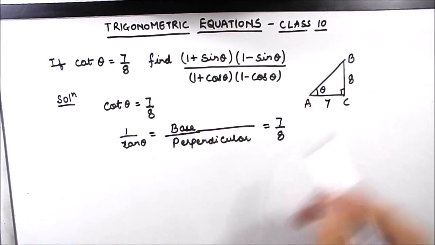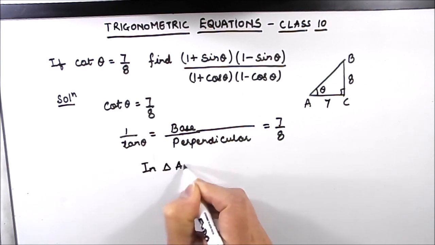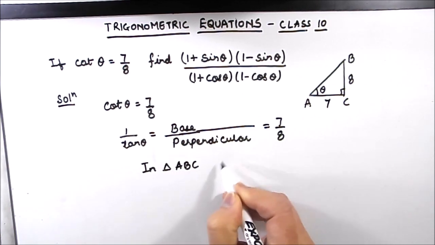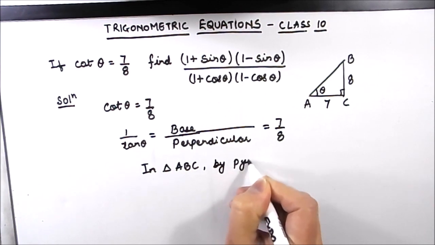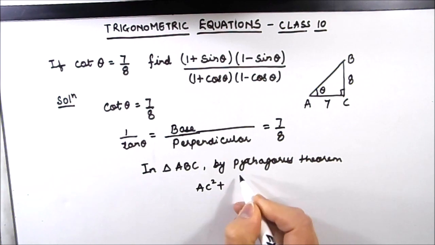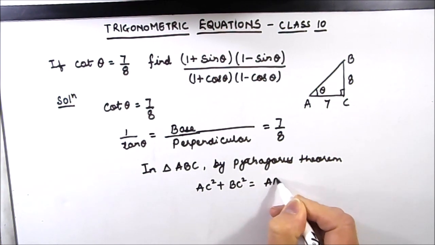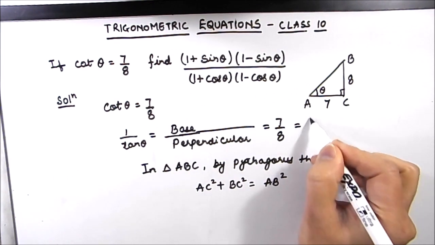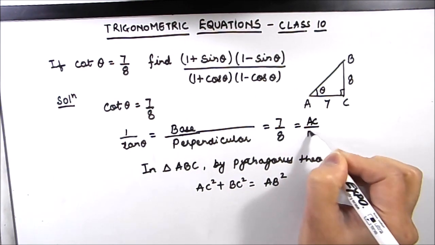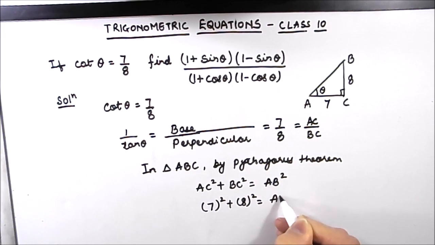Now in this right triangle, we can use the Pythagoras theorem to find the hypotenuse. By Pythagoras theorem, AC square plus BC square is equal to AB square. AC is equal to 7 and BC is equal to 8, so we'll put the values here. 7 square plus 8 square is equal to AB square.